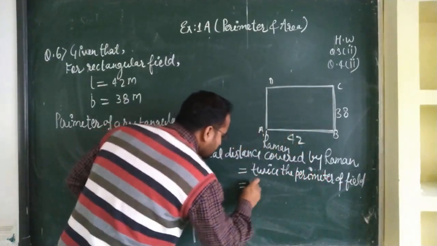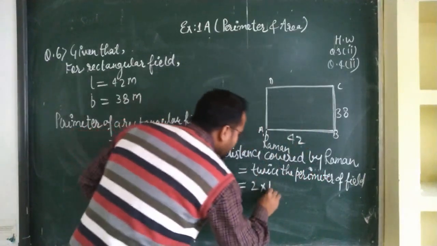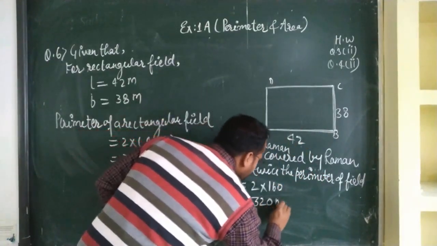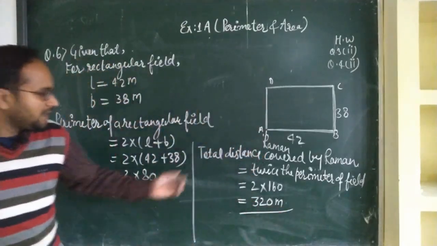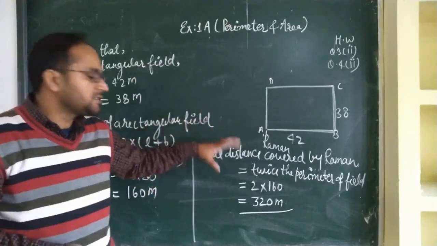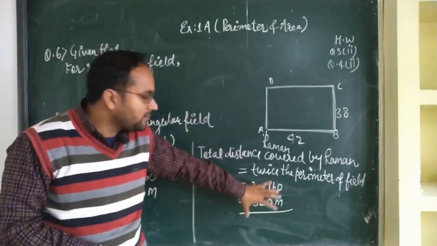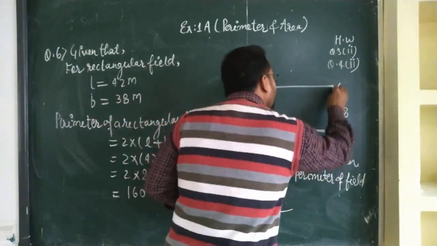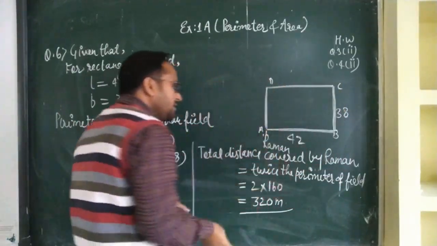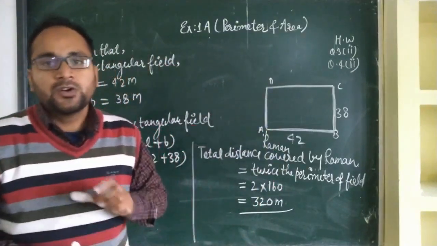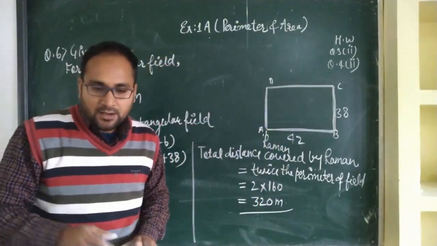Twice means 2 times, and the perimeter of the field is 160. If you multiply this, you will get 320 meter. So the total distance covered by Raman is equal to 320 meter. In one round he covers 160, again 160, so he covers 320 meter distance.